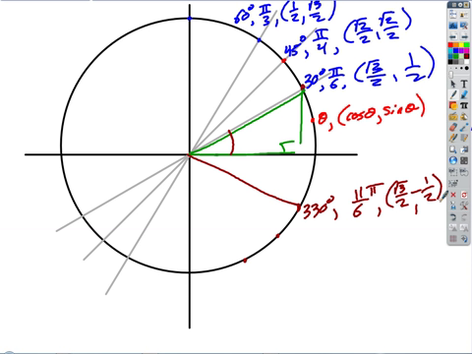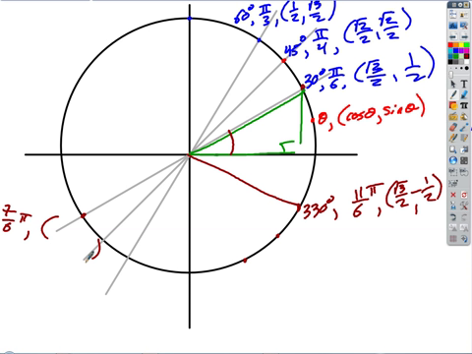What if I wanted to find this one right here, for example? That's going to be pi plus how much? Pi over 6, right? So pi plus pi over 6 would just be 7/6 pi. And if I wanted to do the coordinates then, isn't this one going to be big negative x, small negative y?